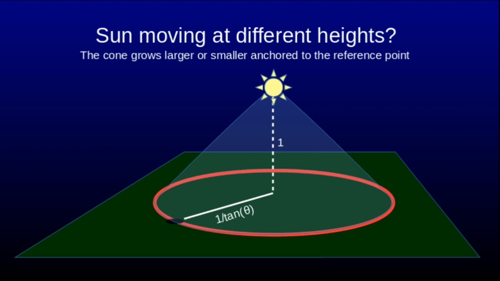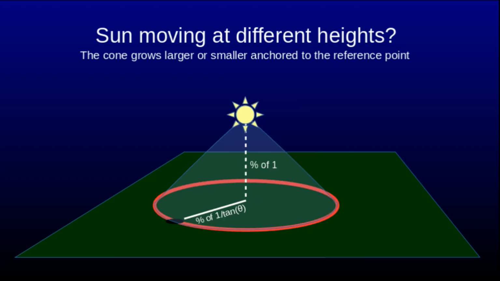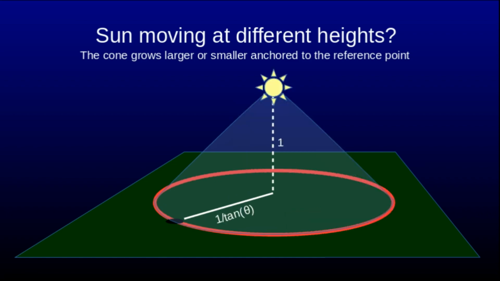It's only that the cone is now shorter and the sun has moved closer. So again, when the sun goes up or down, there's a percentage change in its altitude, which is also reflected in the sizes of the circles, its height, and the distance between our location and the location where the sun is directly overhead.